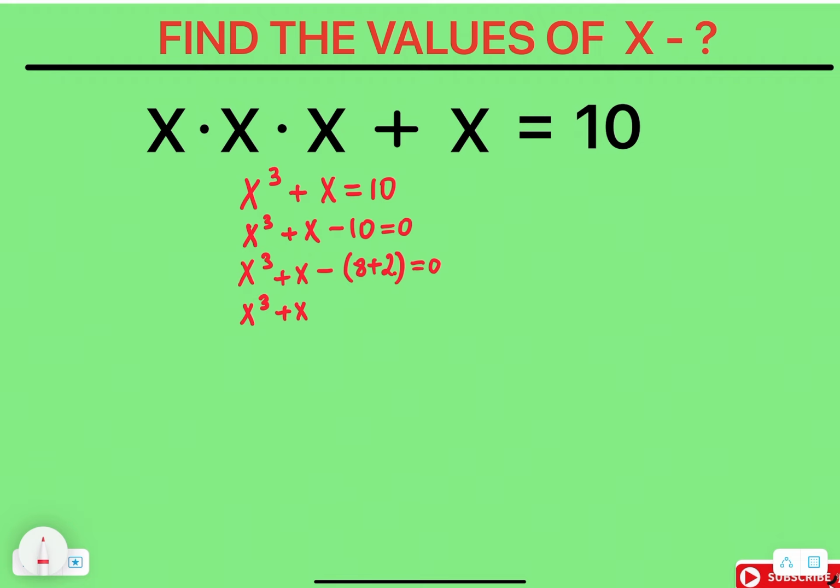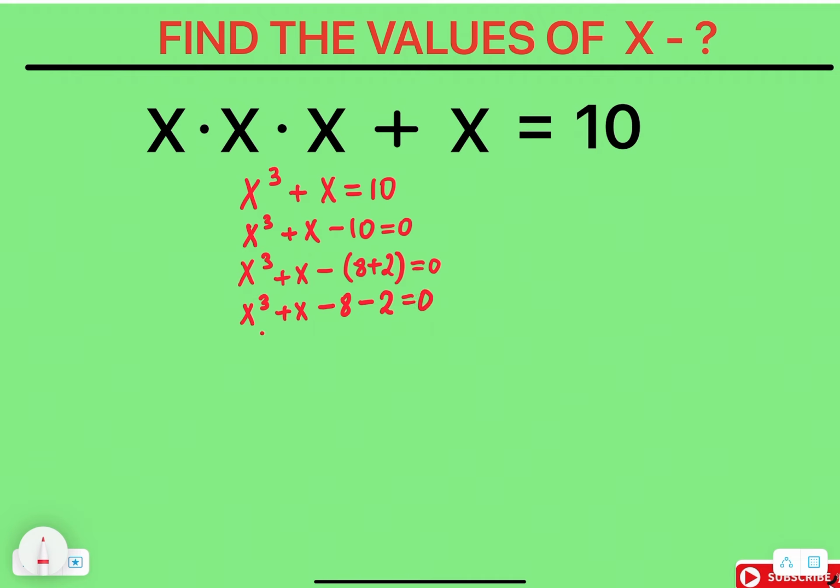Let's open this parenthesis. If we have a negative sign in front of the parenthesis, that belongs to 8 and also 2, like negative 1 times. When we open the parenthesis, this will be negative 8, and this plus sign will change the sign, becoming negative again. Negative 2 equals 0.